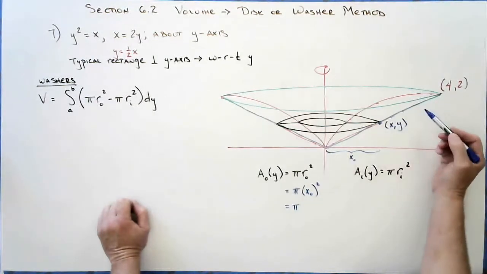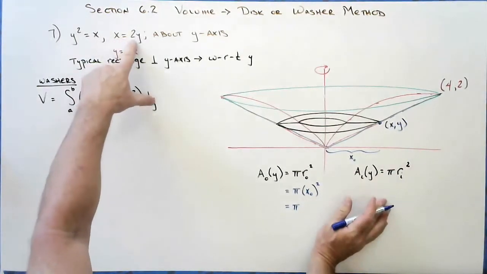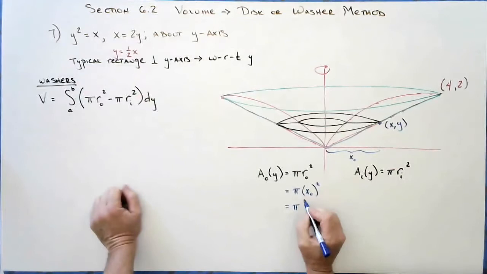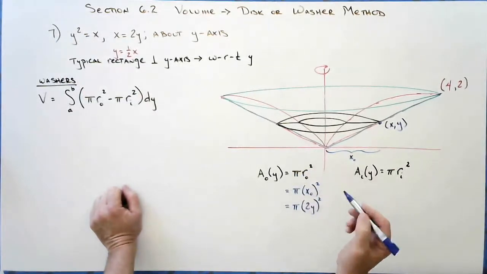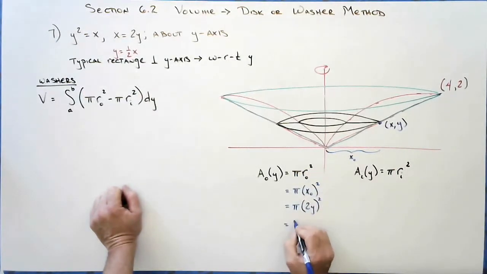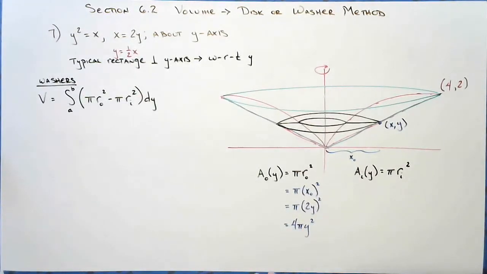Well, x is on the line, and the line is x equals 2y. So I can substitute 2y in place of the x. Don't forget to square that, pi r squared, radius squared. And so here we have 4 pi y squared, since 2 squared is 4. So I found my outer area formula in terms of y.